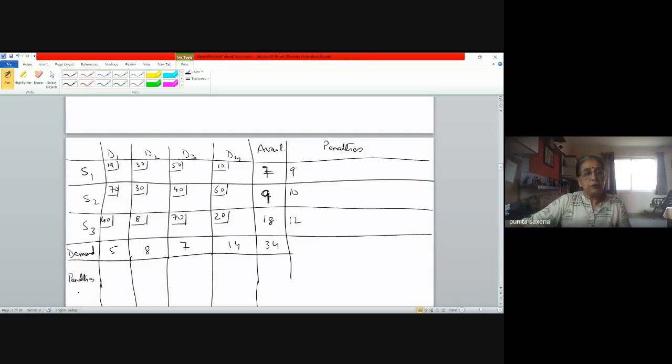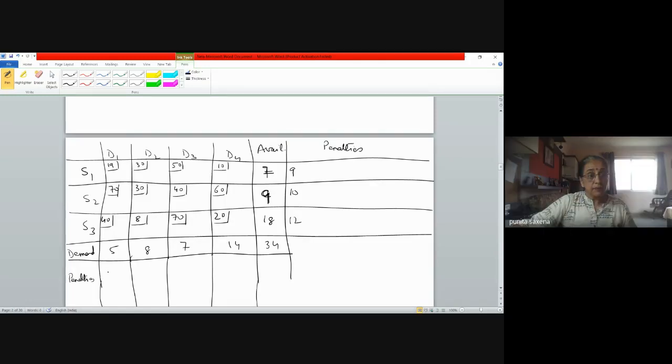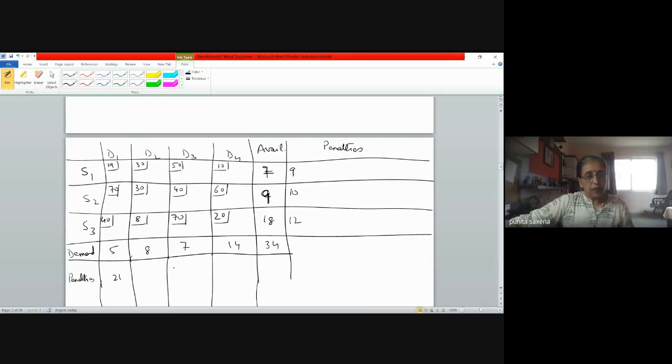Similarly, we compute the penalties for column as well. Now, for the first column, the minimum is 19 and the next smallest is 40. So 40 minus 19 is how much? 21. In the next, it says smallest and the next smallest.